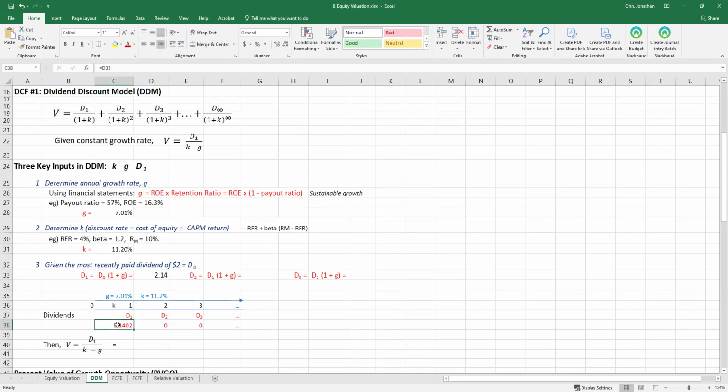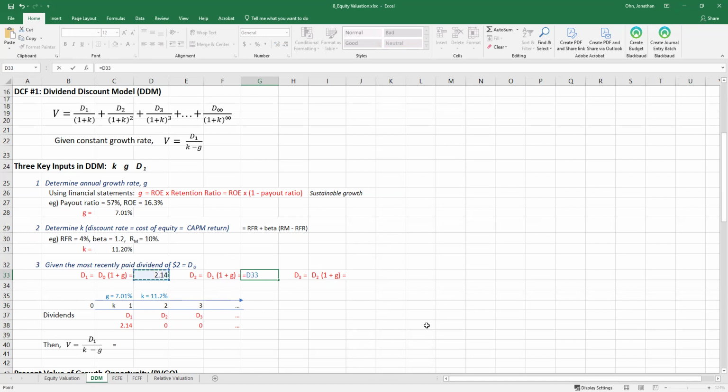Yeah, it's the same thing, but this way. Then the next year's dividend should again grow at 7.01%.